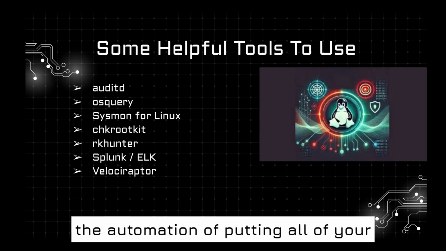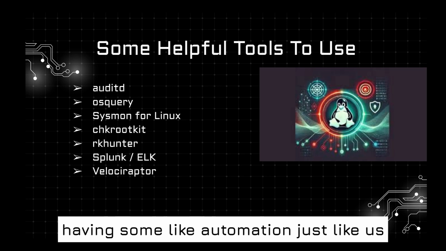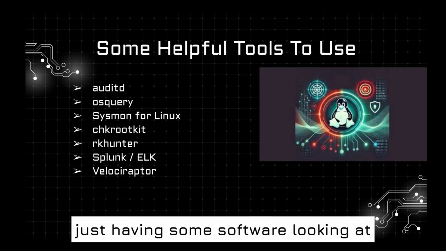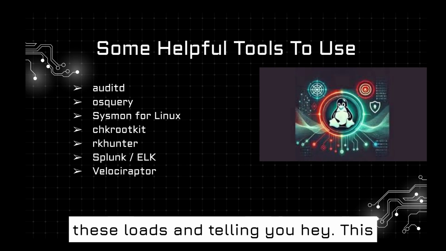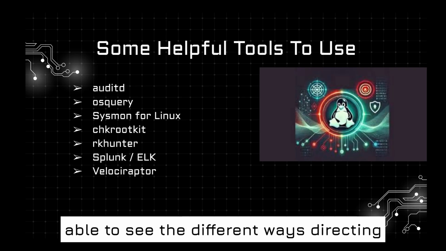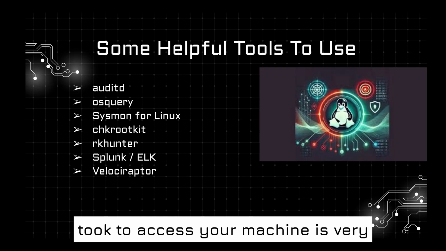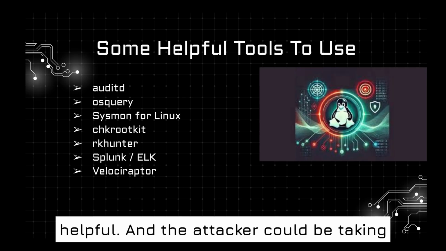But having the automation of putting all of your logs together in one place, and having some software looking at these logs and telling you, hey, this doesn't look right, and then being able to see the path a red teamer took to access your machine, is very helpful.